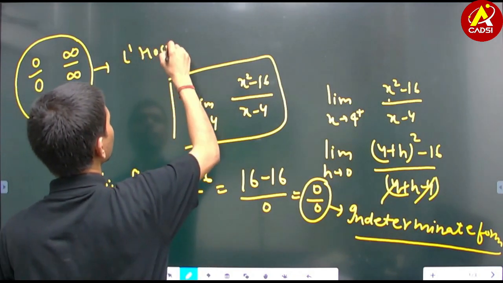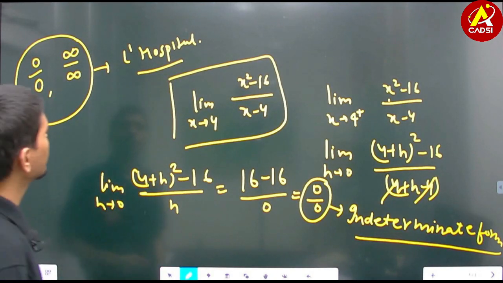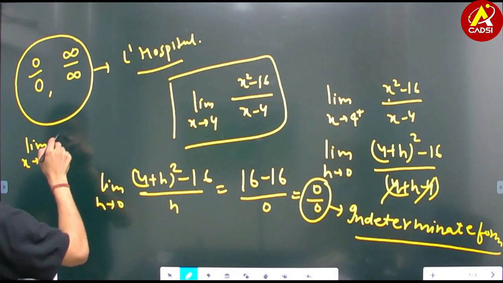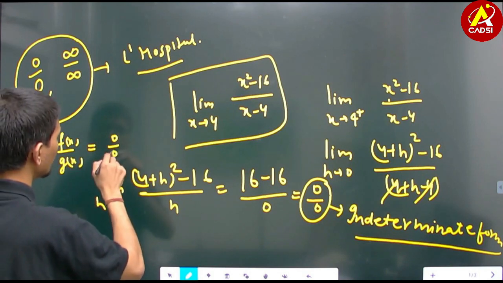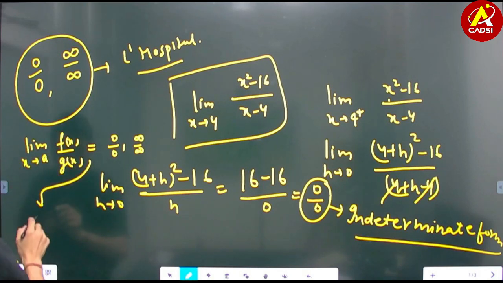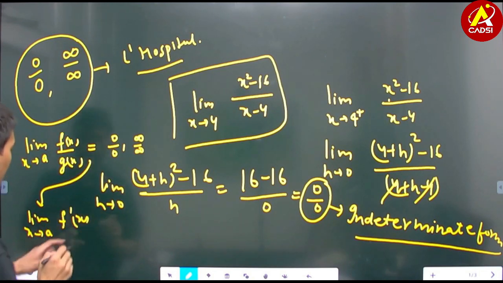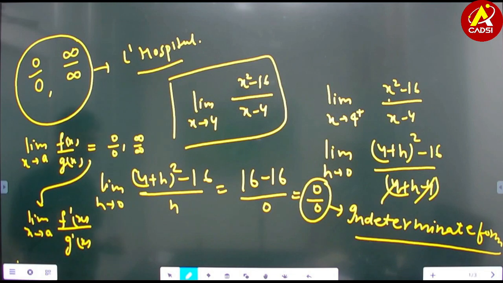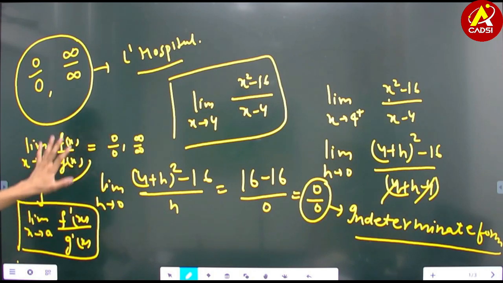L'Hospital rule means that limit x tending to a of f(x) upon g(x), if it equals 0 upon 0 or infinity upon infinity, is equal to limit x tending to a of f dash x upon g dash x, that is, the derivative of f(x) upon the derivative of g(x).